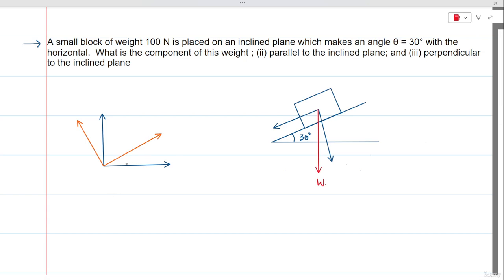Now here, if the x-axis is rotated by an angle theta, and this is the new axis, let's call that x dash and y dash. So if the x-axis is rotated by an angle theta, the new y-axis will also be rotated by an angle theta if we measure it from the older y-axis.